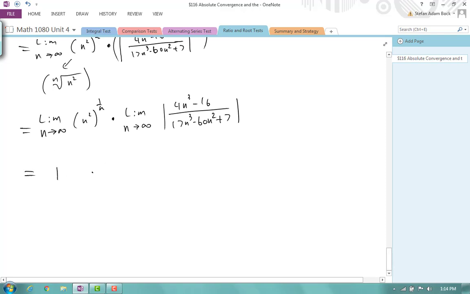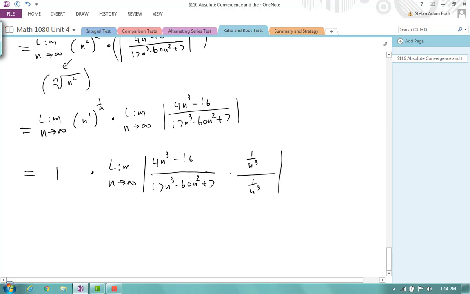So this is 1 times the limit as n goes to infinity of the absolute value of 4n cubed minus 16, times 1 over n cubed, divided by 17n cubed minus 60n squared plus 7 times 1 over n cubed, because n cubed is the biggest thing I found in the denominator.